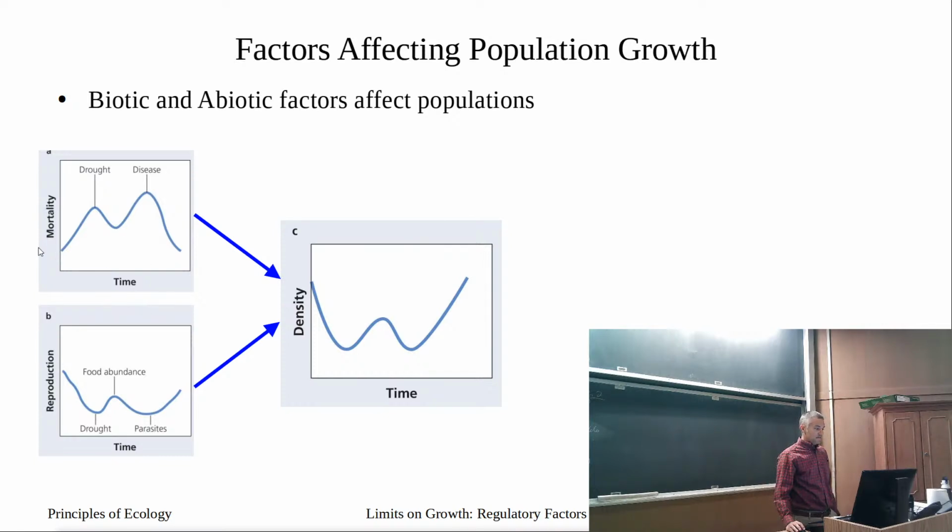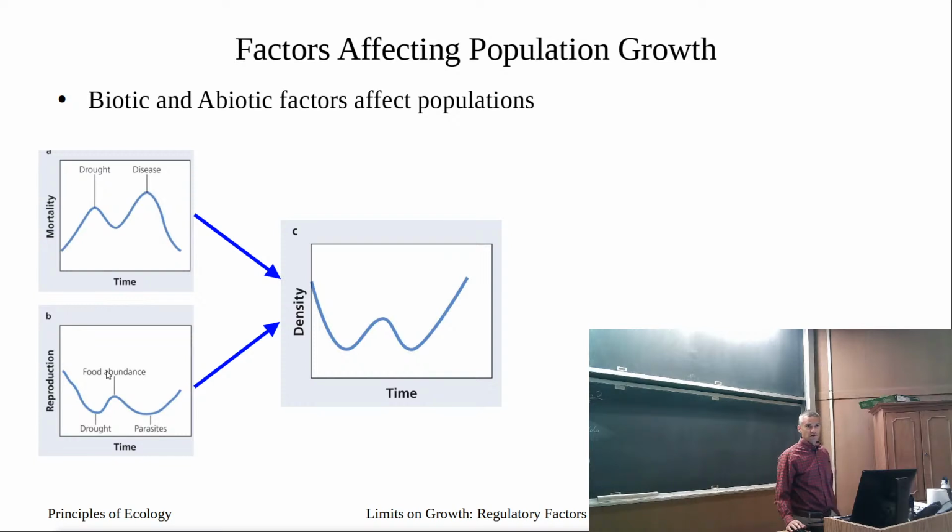We have mortality rates. These are affected by abiotic factors like drought, and say something happened that increases disease. So we've got our drought on both of these. Disease would be more of a biological factor. Food abundance depends on what our food is.